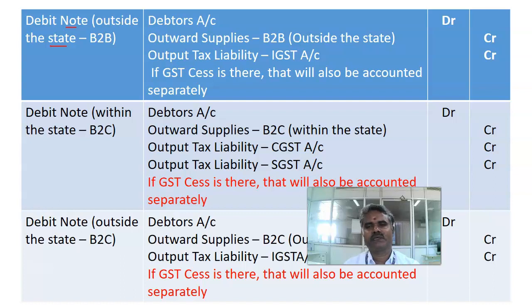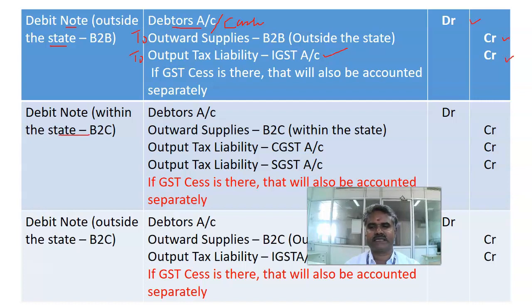Okay. So debtors account debtor or cash account debtor, to outward supplies or sales, to output tax liability IGST.